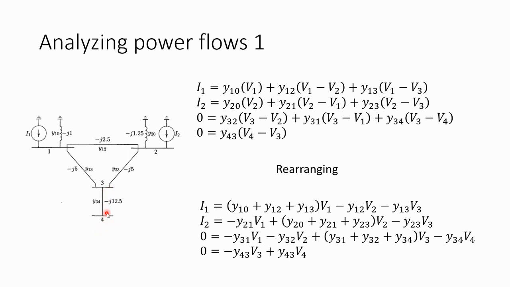Current exiting bus 4 is the difference between V4 and V3 multiplied by Y43. When we look at bus 3, in equation number 3, and the final term over here, we define that the current is flowing from bus 3 to bus 4. So if we define it that way, then the current will be V3 minus V4 multiplied by Y34, given to us as this term.